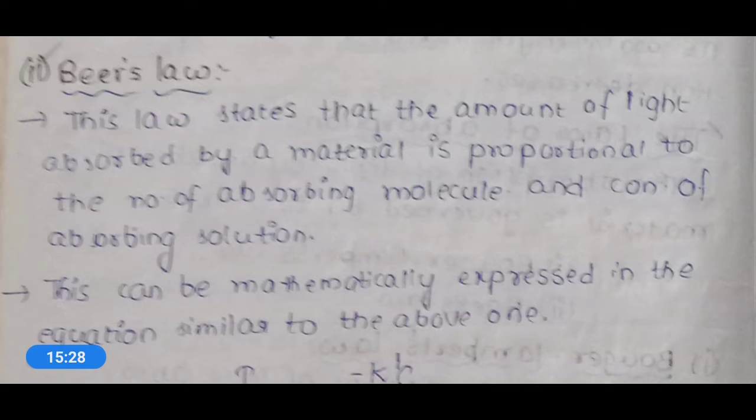So Beer's law is explaining that the amount of light absorbed by any material depends on the number of absorbing molecules and the concentration of the absorbing solution.